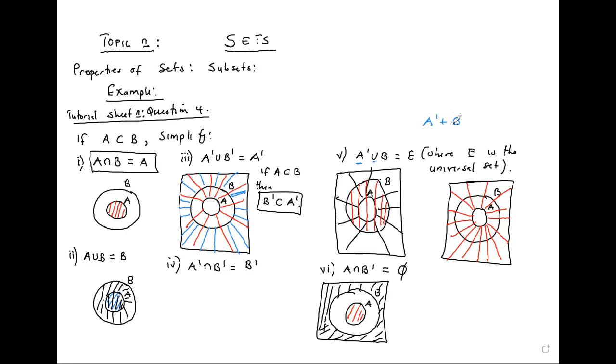So you shade the whole B. So then your answer is the red lines plus B. So you see that everything that we are calling the universal has been shaded. That's why I said the solution is going to be the universal there.